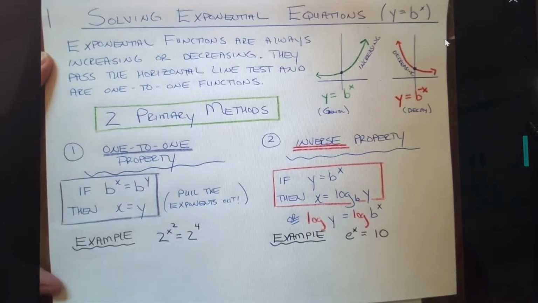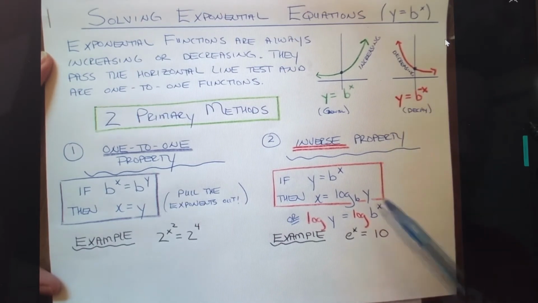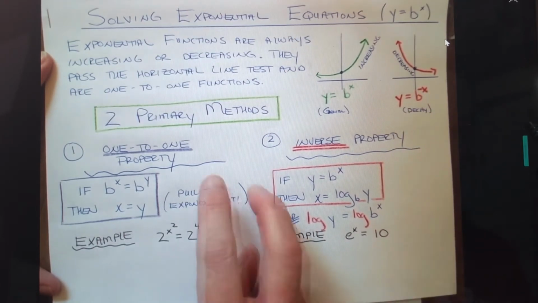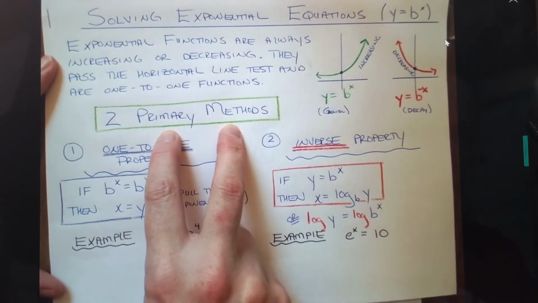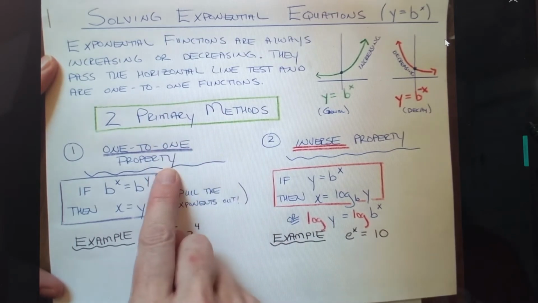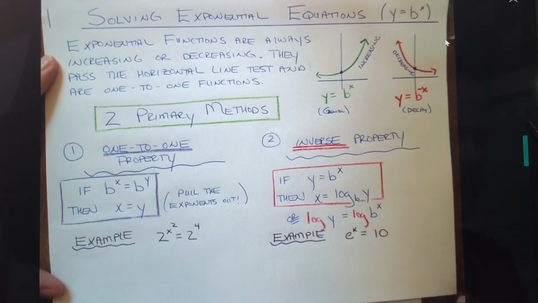And that provides us a secondary method for solving. And so again, there are two primary methods for solving exponential equations. The first is called one-to-one. The second is called the inverse property.